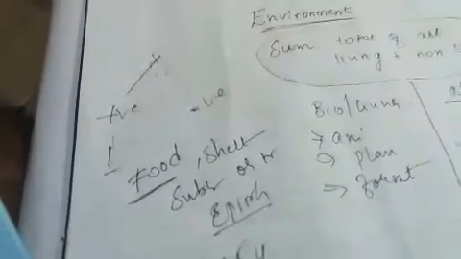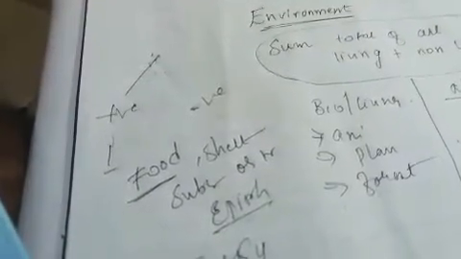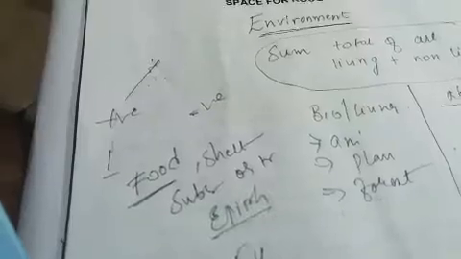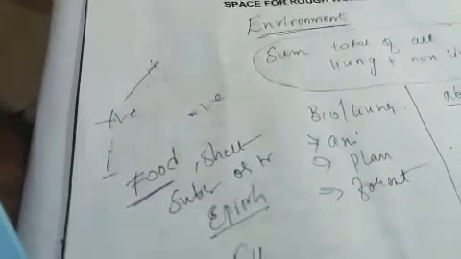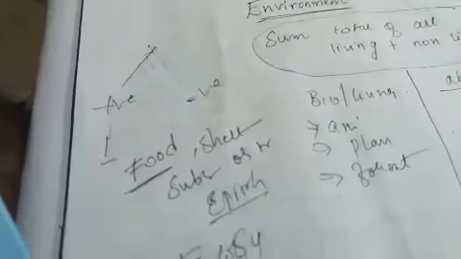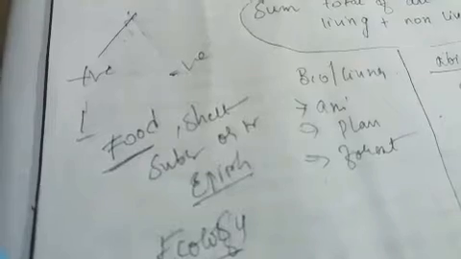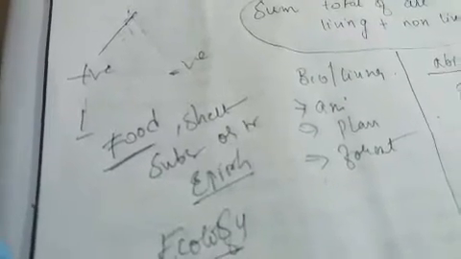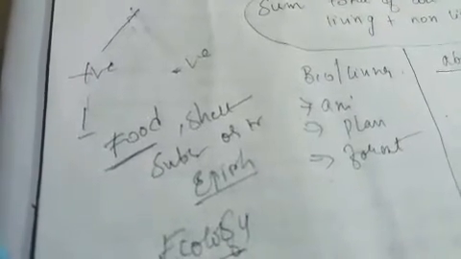That plant prepares its own food; only for the substratum, only for attachment of the roots, it depends on the other organisms. Such organisms are called epiphytes. Only for attachment it depends on the other organisms.